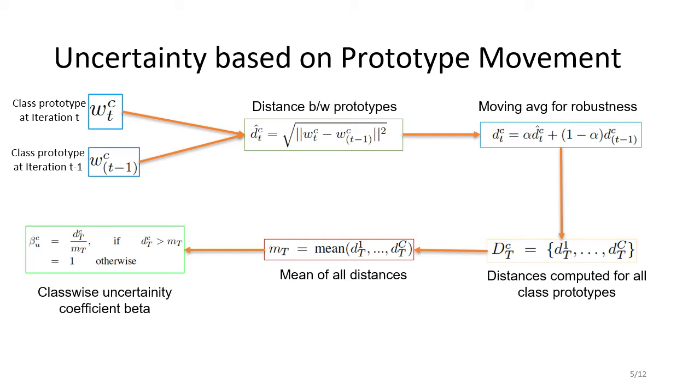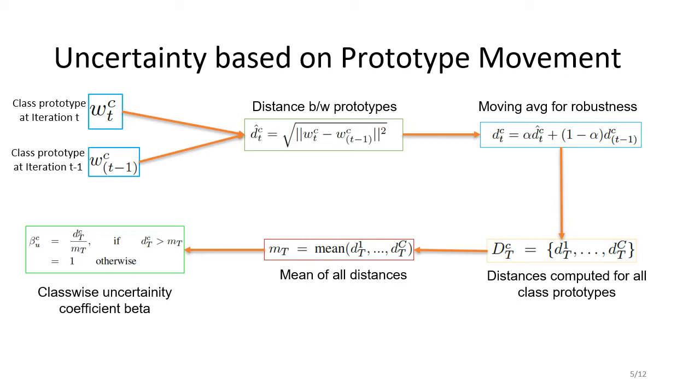First, we start with computing the distance between the prototypes of iteration T and T-1. For more robustness, we compute the moving average over L time steps, where the most weight is given to the last time step, the iteration at which we calculate the distance between the class prototypes.